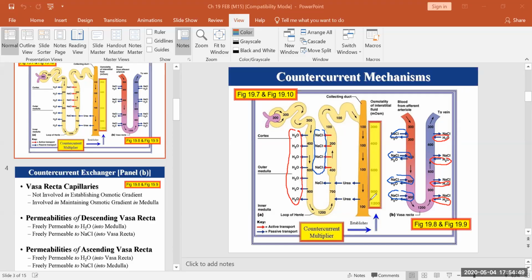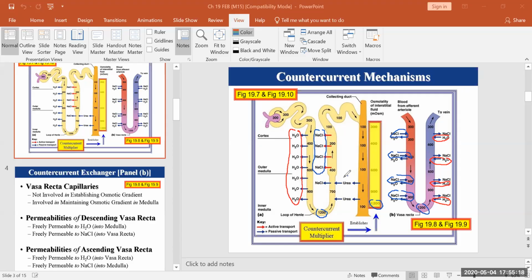If you look closely, that osmotic gradient in the interstitial space, the yellow with the red line rectangle, is the same for the loop of Henle and the vasa recta. At the bottom here, it can go up to 1400, 1400, and 1400.